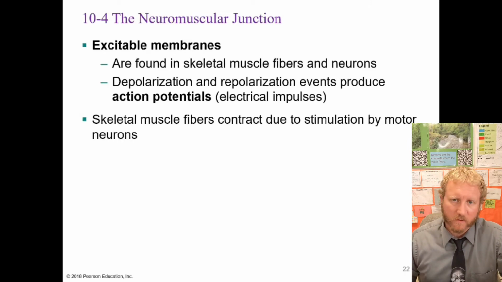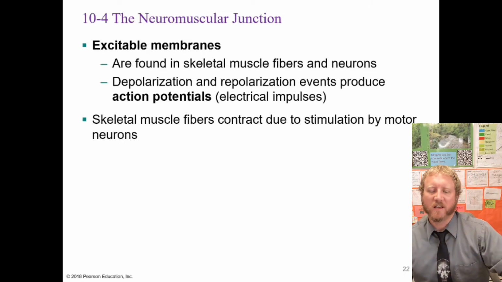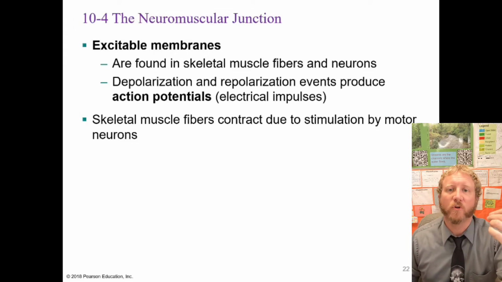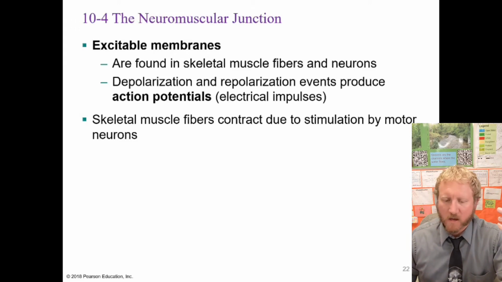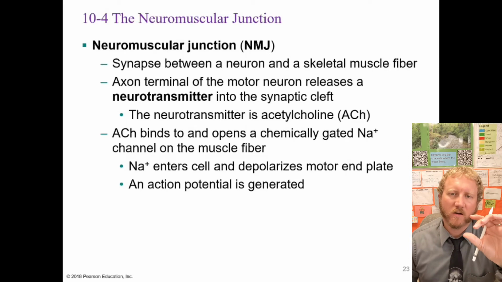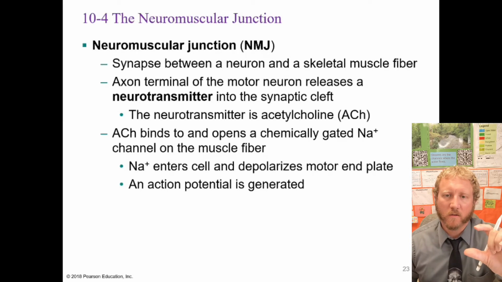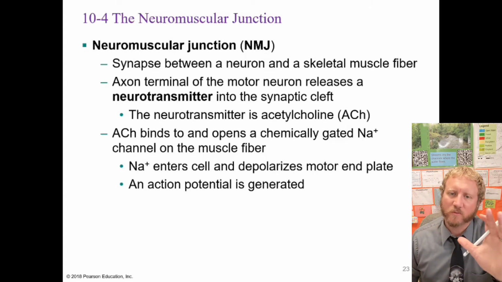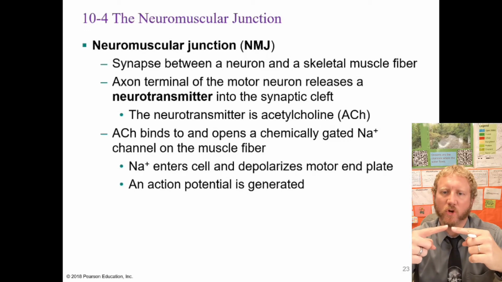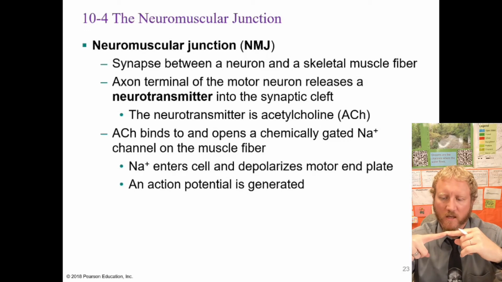Skeletal muscles, the ones that we've been talking about, contract because they're being stimulated by motor neurons. Where the neuron meets the muscle is known as the neuromuscular junction. A synapse, we'll talk about those more when we get into the nervous system, is just where two nerve sections, two different cells, meet.